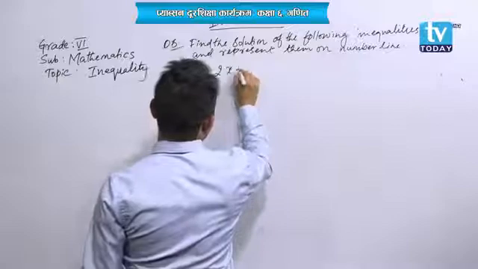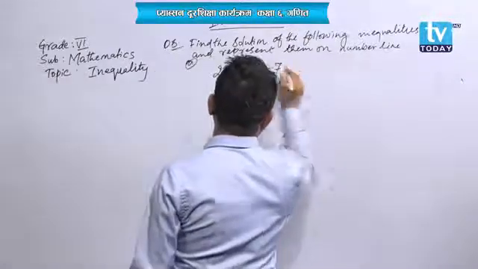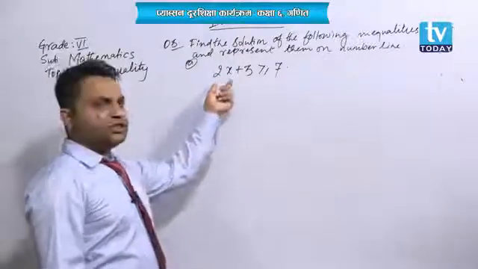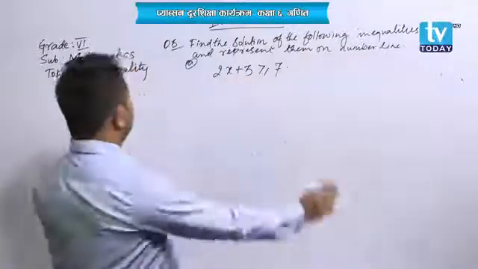2x plus 3 greater than equals to 7. How to solve this? There is coefficient of x also 2, there is number 3 also.